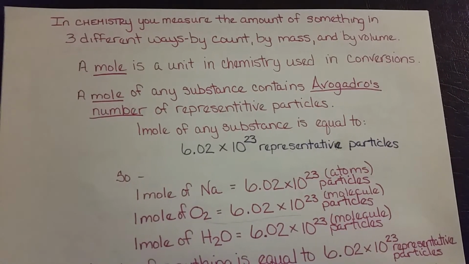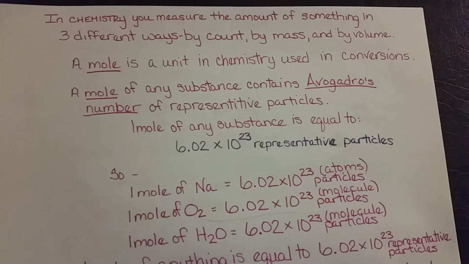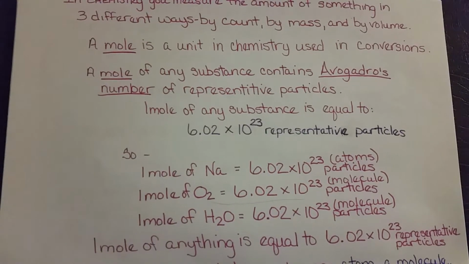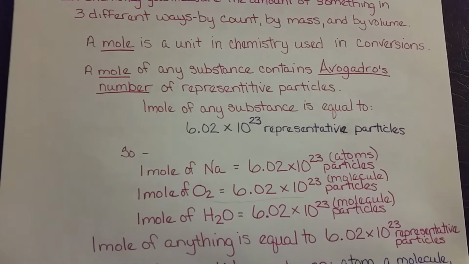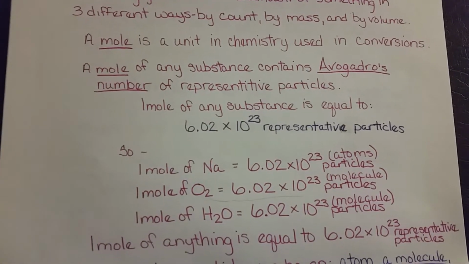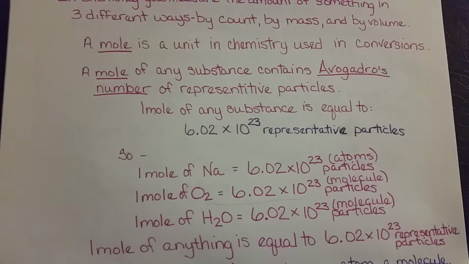When you're converting from a mole to Avogadro's number, they call it representative particles, because Avogadro's number can represent a mole of atoms, like 1 mole of sodium is equal to 6.02 times 10 to the 23rd atoms. It can be a molecule, like 1 mole of O2.